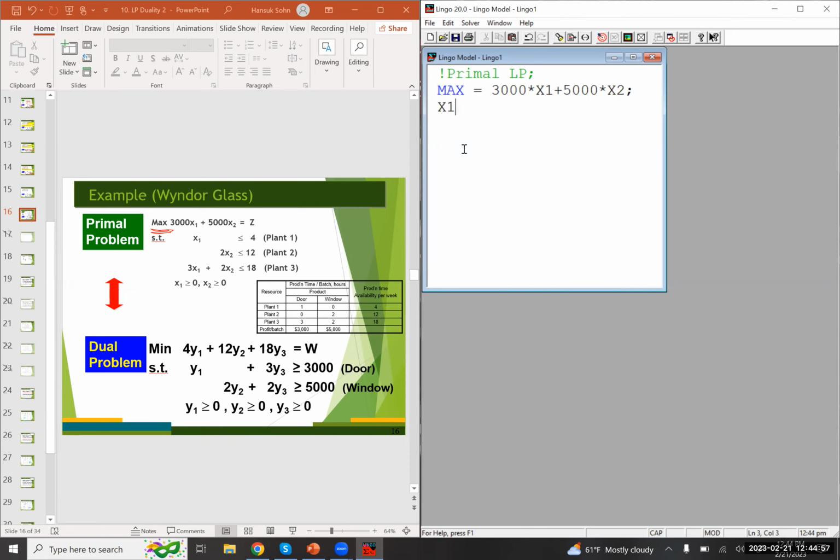Then the first constraint, x1 is less than or equal to 4. Second constraint, 2 times x2 is less than or equal to 12. Third constraint, 3 times x1 plus 2 times x2 is less than or equal to 18. And put the ending mark.